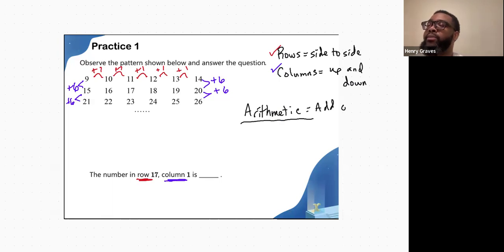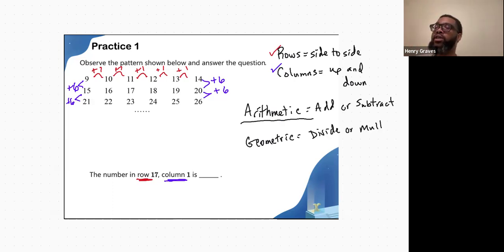And then we have something called geometric, and these are all sequences. So it's when you divide or you multiply. So obviously here we are adding 1 to go for the rows, and we're adding 6 to go for the columns. So we just need to worry about the arithmetic.